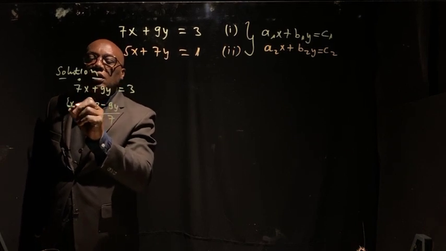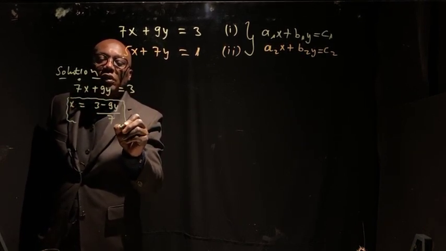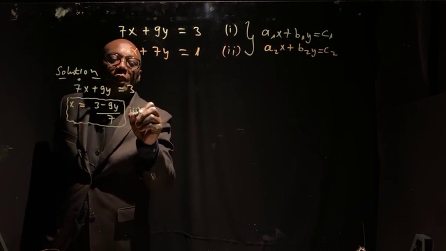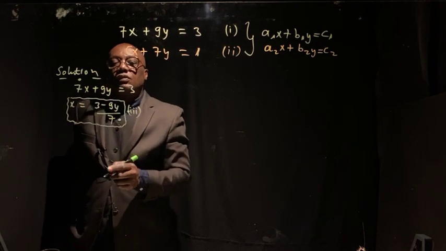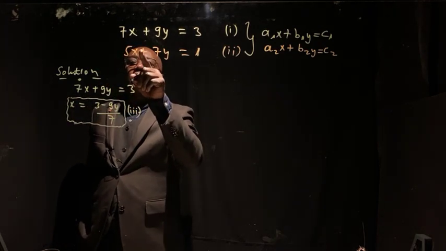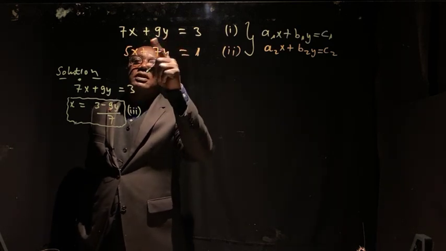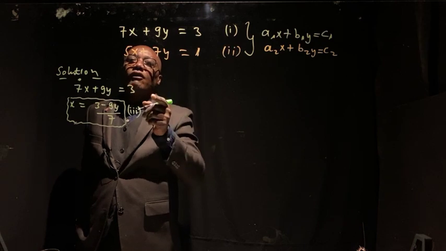In that case, as we already have equation 1 and 2, I'll call this one equation 3. Now, having got equation 3, you cannot put equation 3 back into equation 1 because it is still the same equation, having been rearranged in another format.